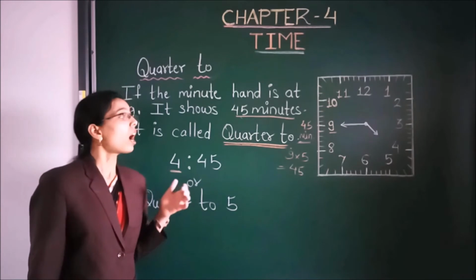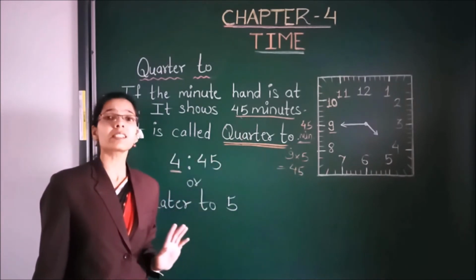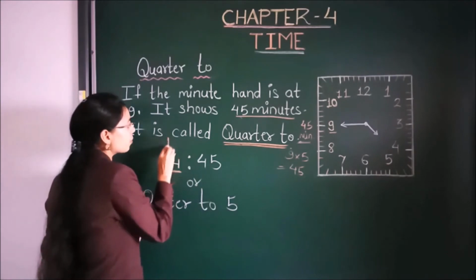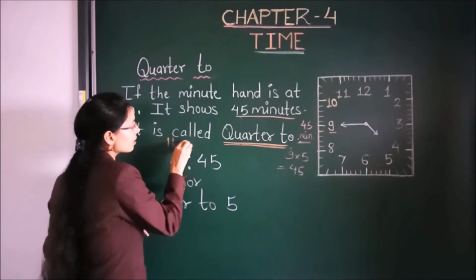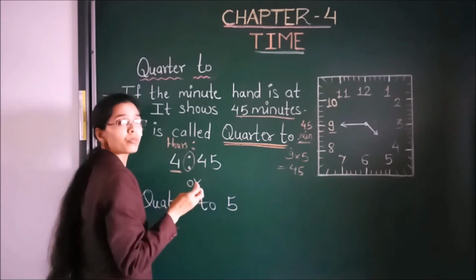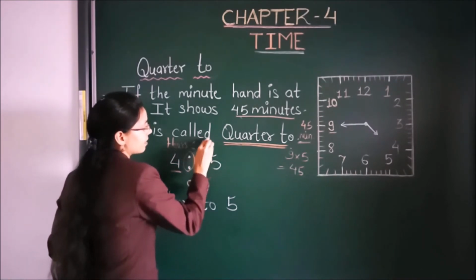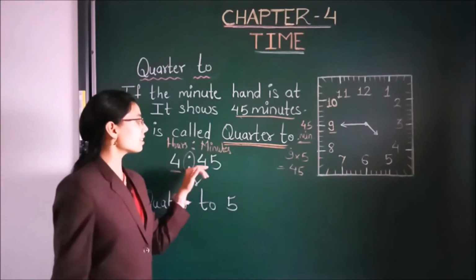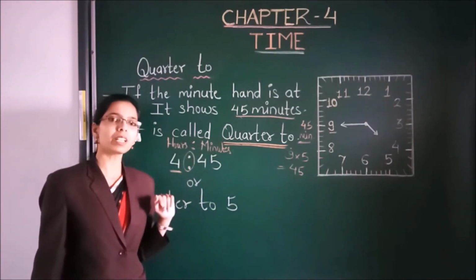Okay, so how will we write this time? In time format, we write hours before these 2 dots, and after these 2 dots what will we write? Minutes. Yes, isn't it? This is our time format.